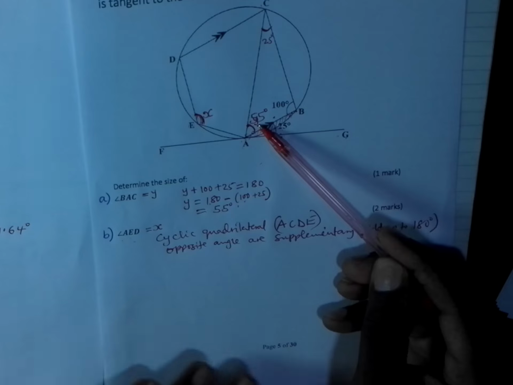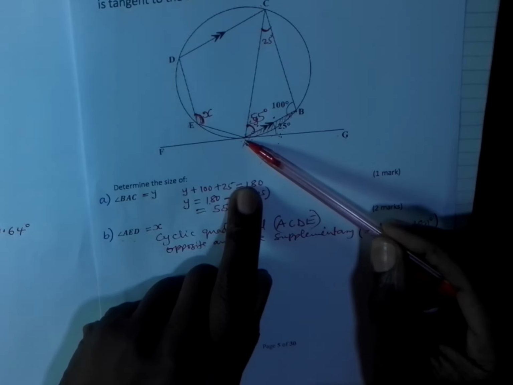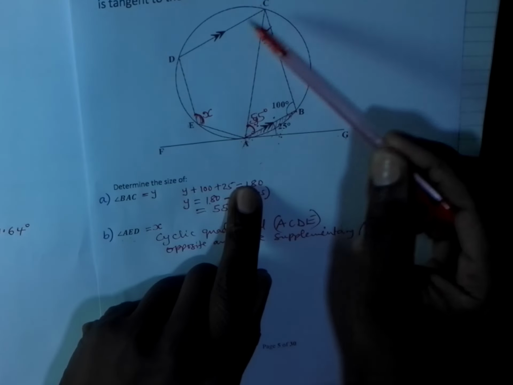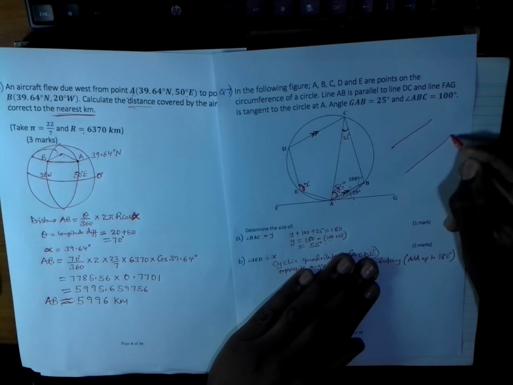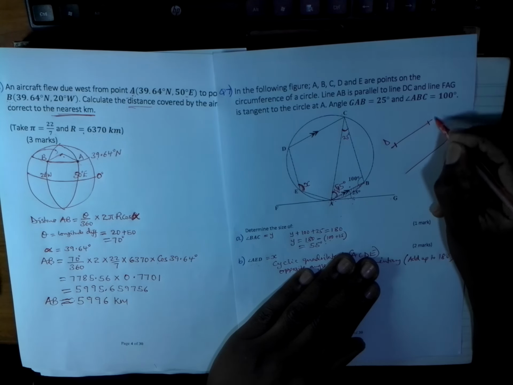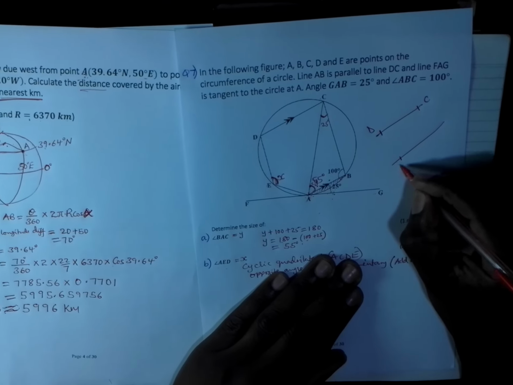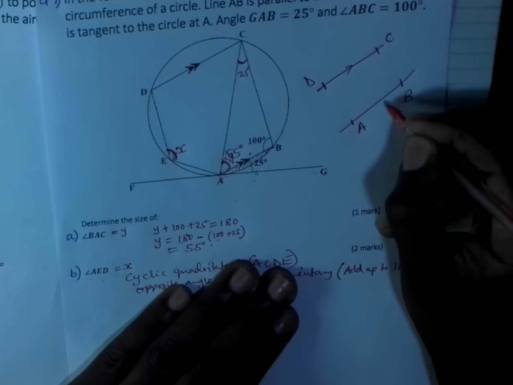And since this angle here is 55 degrees, and lines AB and DC are parallel to each other, allow me to draw this point. We have D, line DC, and line AB. They are parallel to each other.